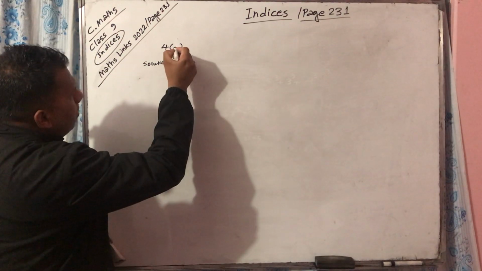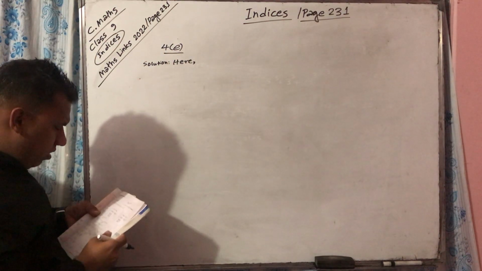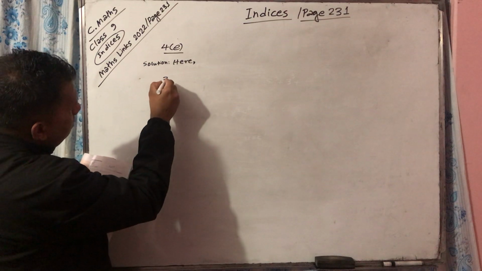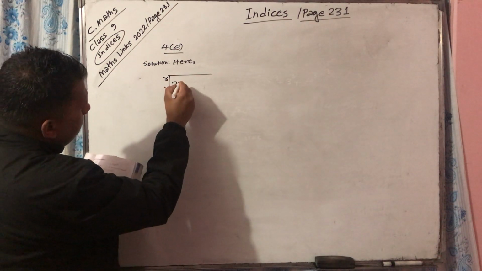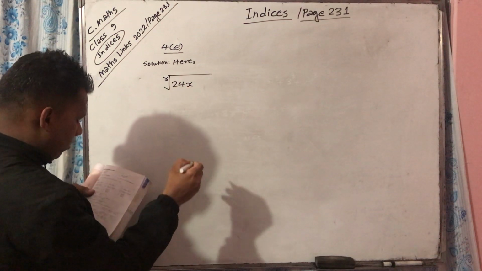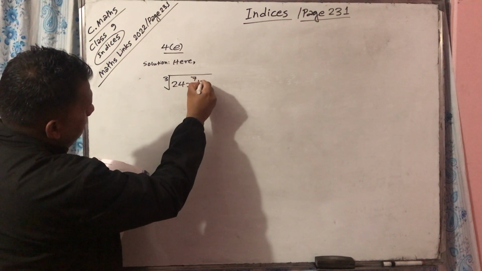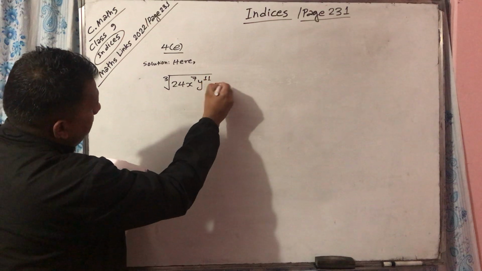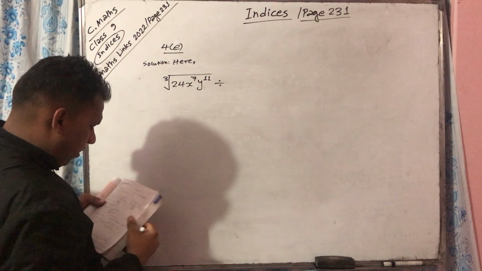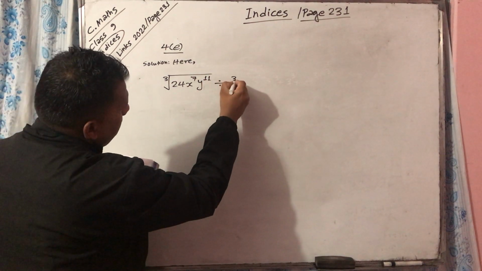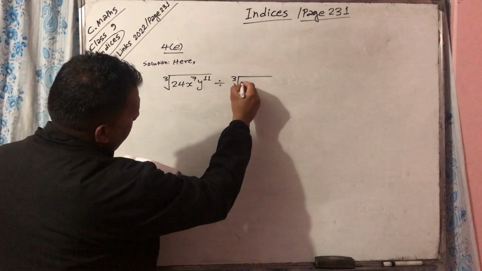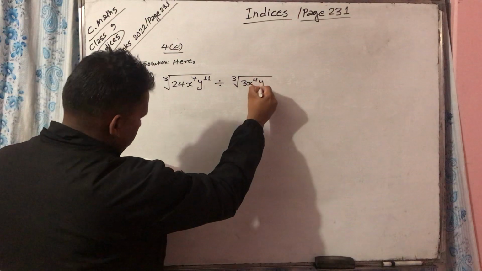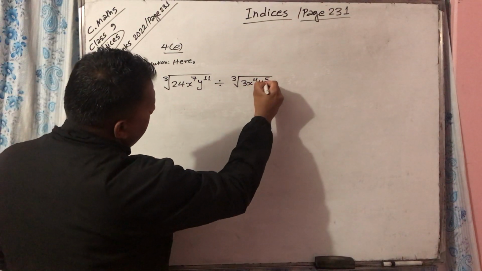On 4E, we are given cube root of 24 x to the power 7 y to the power 11, divided by cube root of 3 x to the power 4 y to the power 5.